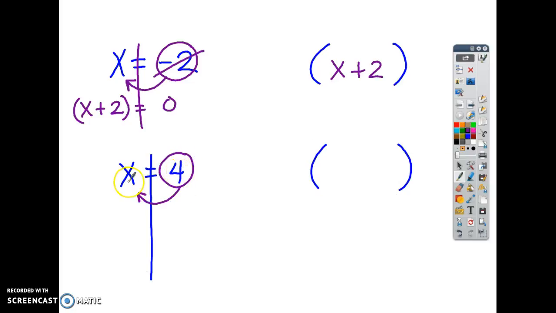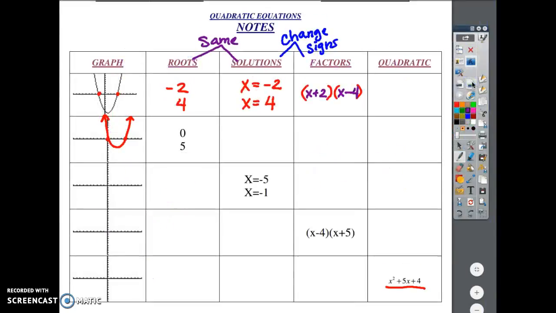So this is positive, it becomes a minus, and that's going to be x minus 4, and you're left with 0. So your other factor is x minus 4. So again, solutions and factors have different signs. You just move it over, change the sign.